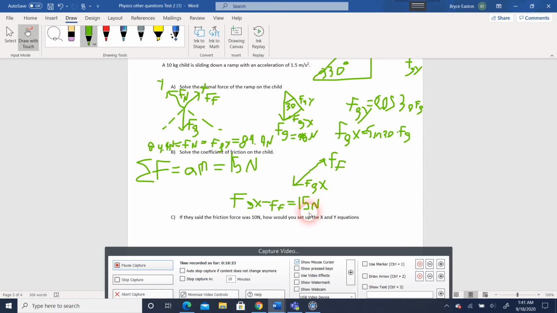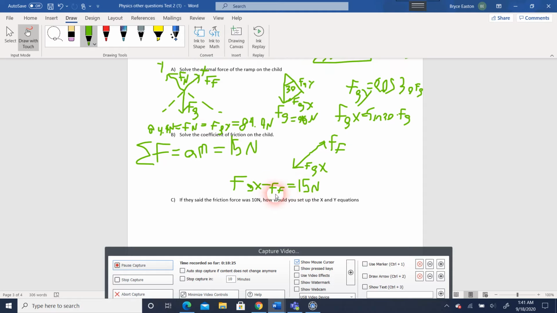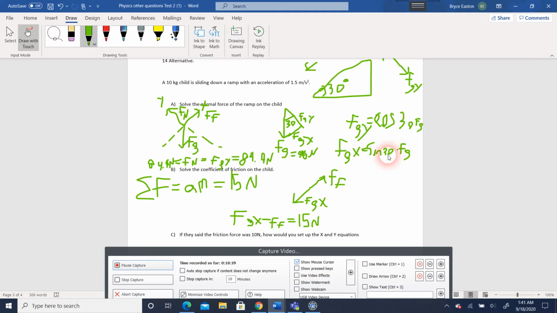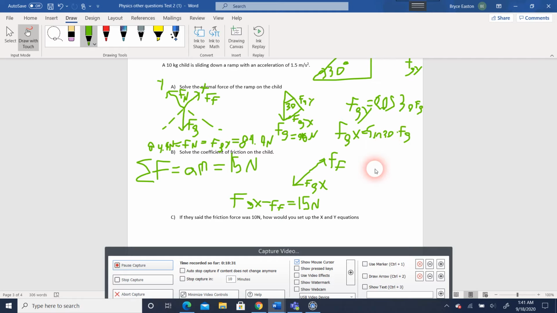And with that established, we can then plug in our values here to solve for Fg of x. I'm going to skip over the algebra. Sine of 30 is just 1/2. So that means that this is just 49 newtons.